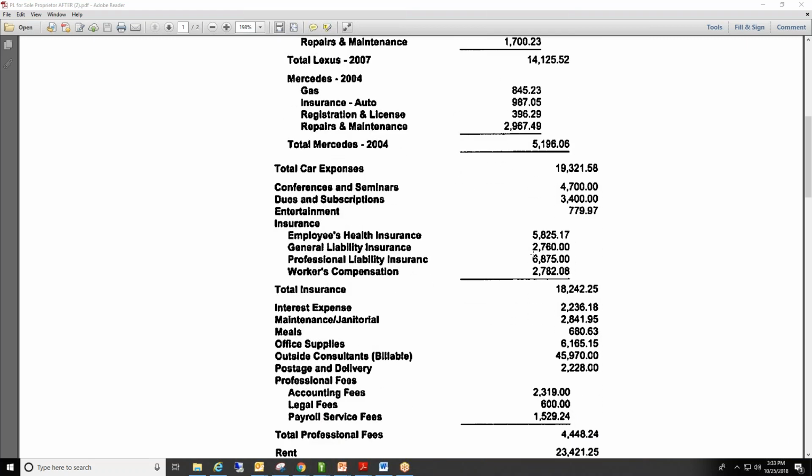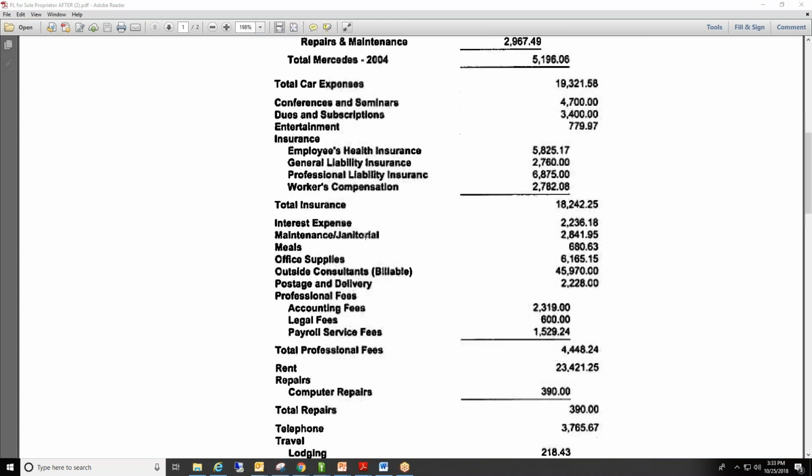He has conferences and seminars, dues and subscriptions. Again, entertainment, not deductible. But I love how the insurance is split out. I was having a conversation yesterday, looking at some financial statements for a client. They had auto expenses in one total, and they had insurance expenses as one total. My question was, is there auto insurance posted to the insurance category, which then should go into the auto expenses?